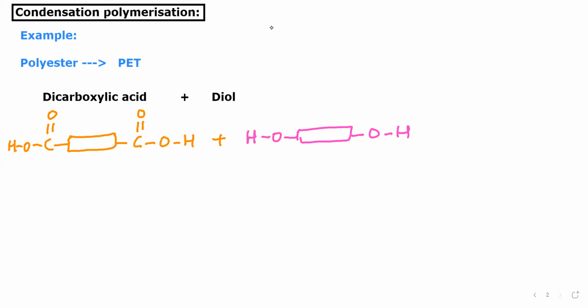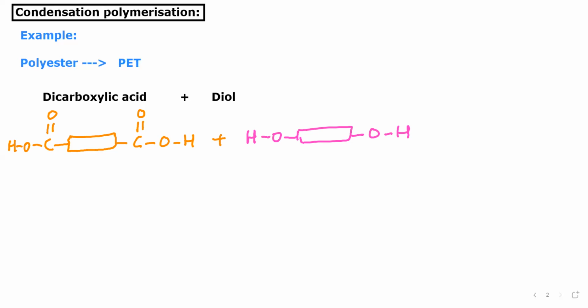So we have to apply the same concept. Whatever carboxylic or alcohols have been given, what is the main concept? That H from alcohol and OH from carboxylic will be eliminated, and then they combine to form ester linkage. Now let's see.